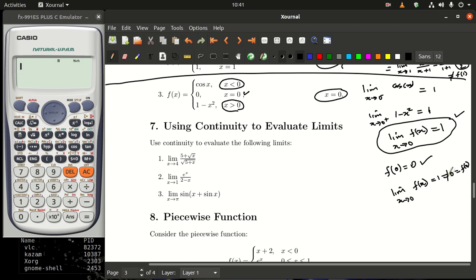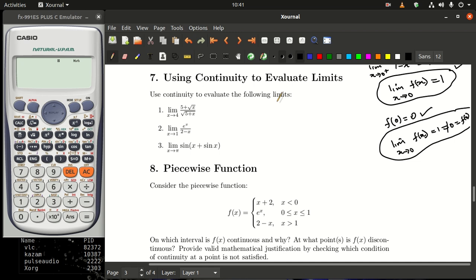So that's the problem here. That is why this one is not continuous, it's discontinuous at that point. It's because of this particular thing here. The limit and the function are not the same. That is why this one is not actually continuous. I hope this makes sense.